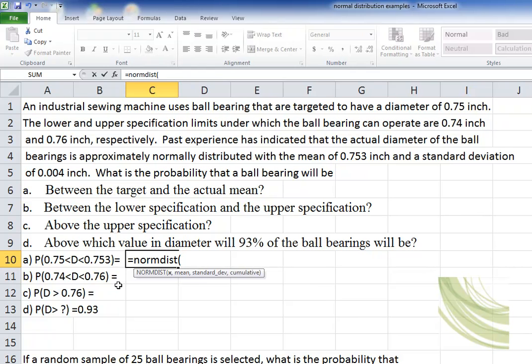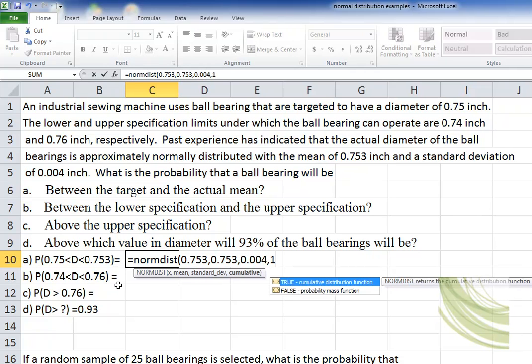So you put 0.753, then mean 0.753, then standard deviation 0.004, then logic value 1.